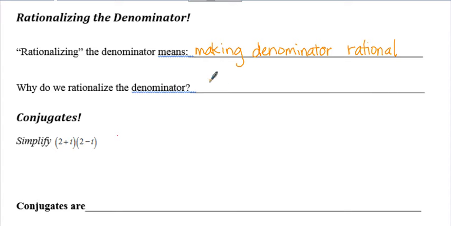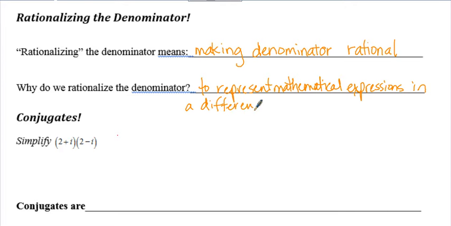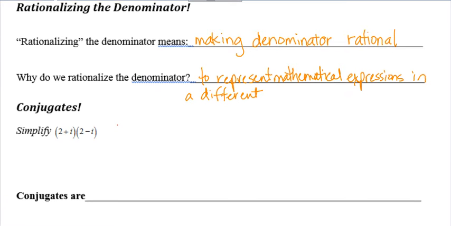Why do we do it? We do this to represent mathematical expressions in a different way. We're rationalizing the denominator to practice our skill of representing mathematical expressions in a different way. We're going to practice this skill and make use of this part of our brain.